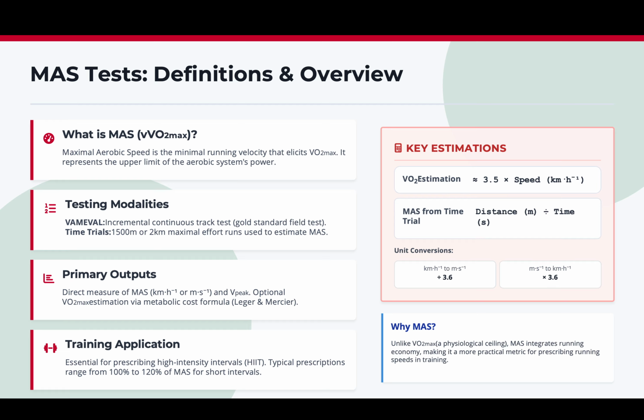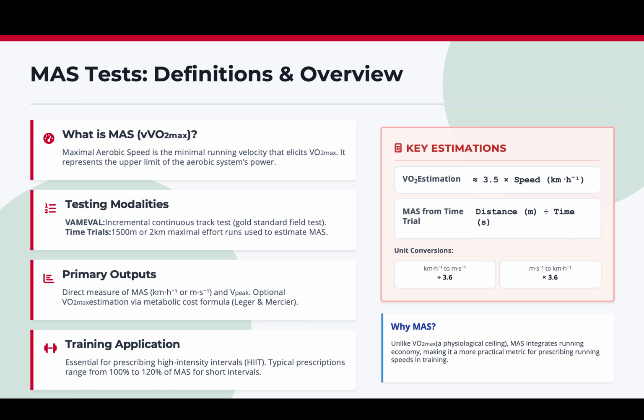Here are the key estimations. VO2 estimation is 3.5 times the MAS, where speed from a time trial is distance divided by time.